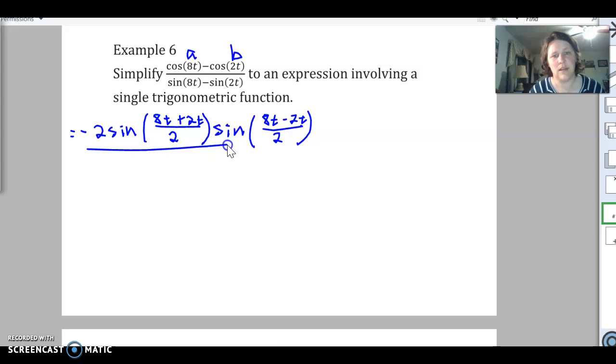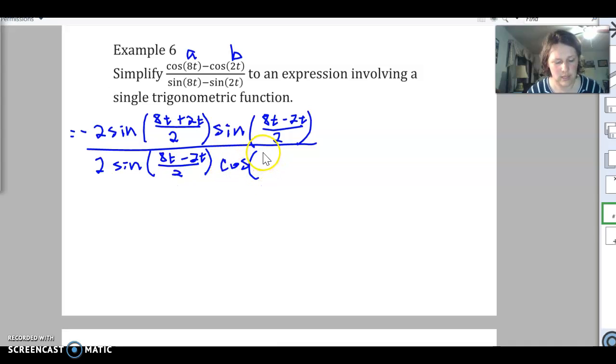And then all divided by sine minus sine, which is going to be positive 2 this time, sine of A minus B, so 8t minus 2t over 2, and then cosine of A plus B, so 8t plus 2t over 2.